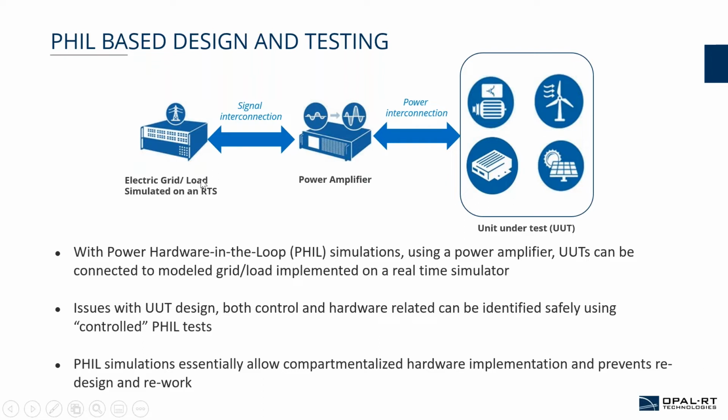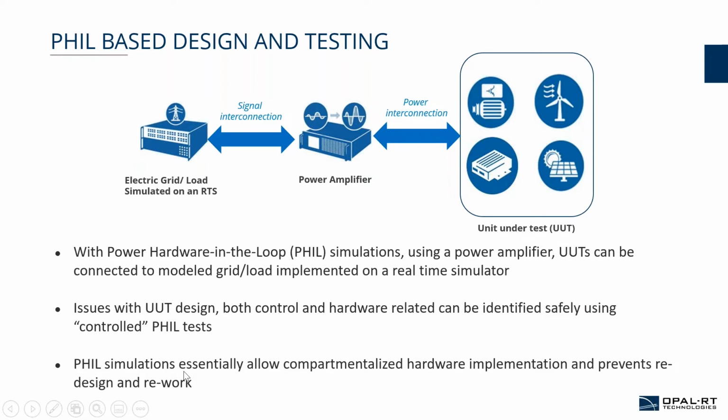Furthermore, with a power amplifier setup such as this, as I mentioned earlier, with a real grid, perhaps there are some conditions for which you are not able to test your equipment, and therefore there can be chance of equipment damage if such a scenario exists, such as an unbalance, for instance. But with a setup such as this, you can model unbalance, you can model faults, you can model situations which can occur in real life scenarios, but emulate it in adequate detail such that you can test your equipment to be ready and used for several real life scenarios that can exist.